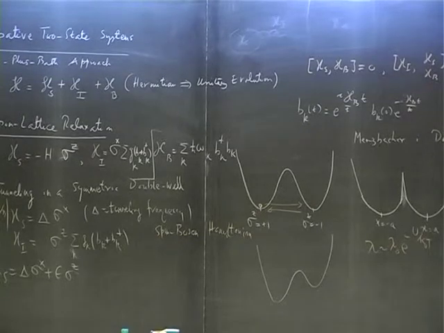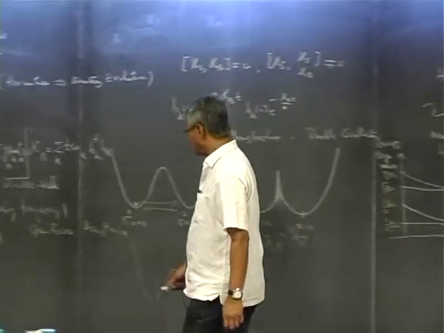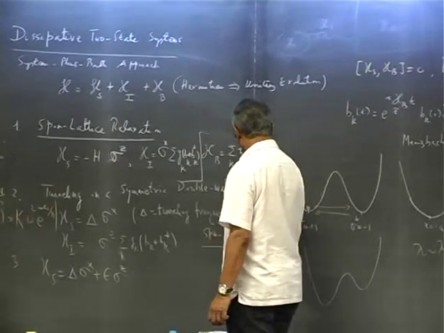So that actually is a paper devoted to the properties of the spin boson Hamiltonian, and that's the Reviews of Modern Physics article.